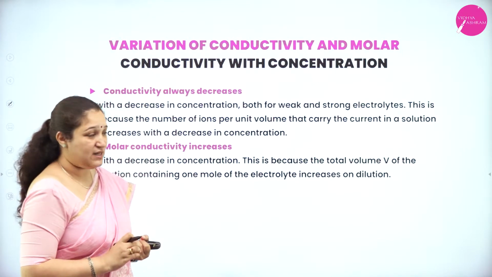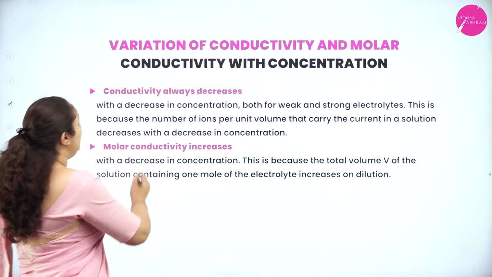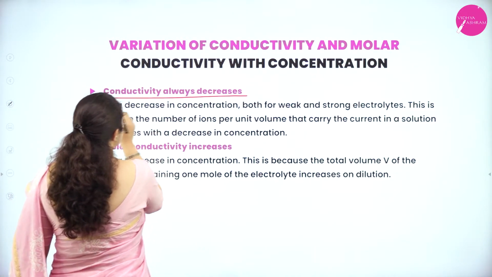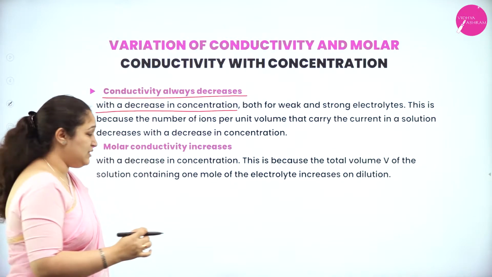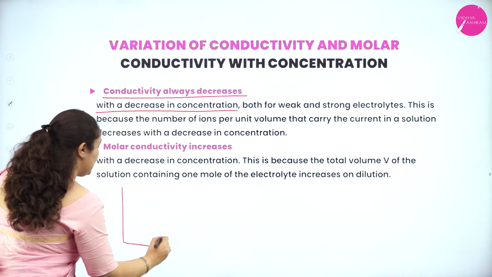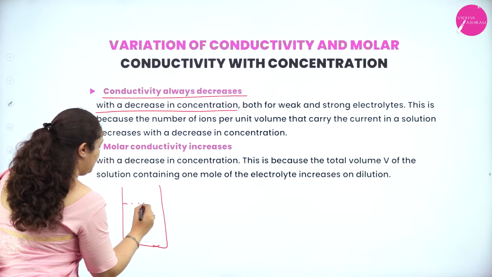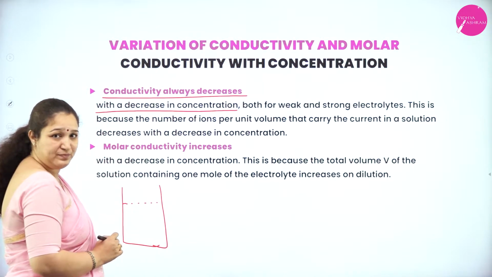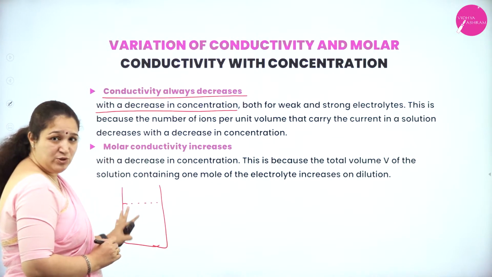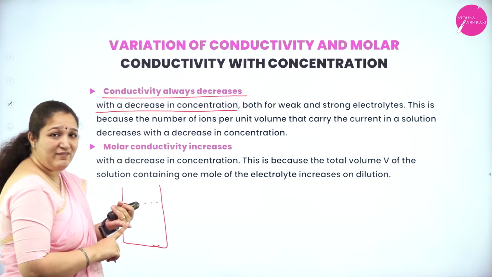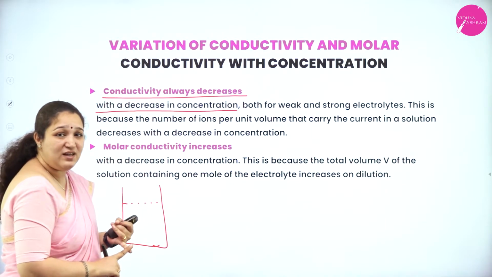We need to understand. First of all, conductivity always decreases with a decrease in concentration. That means this is my solution, an ionic solution. If I dilute this, the conductivity will decrease.